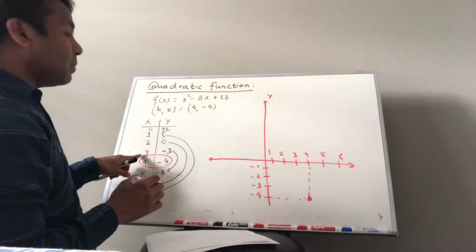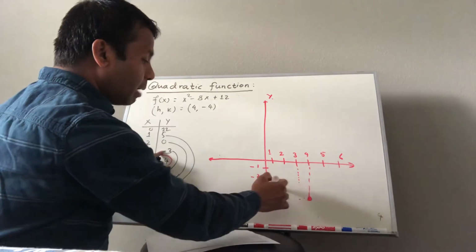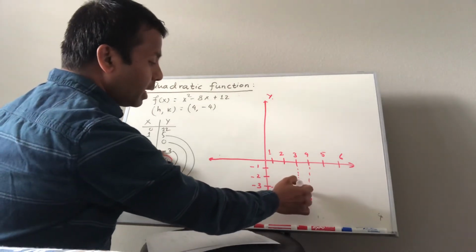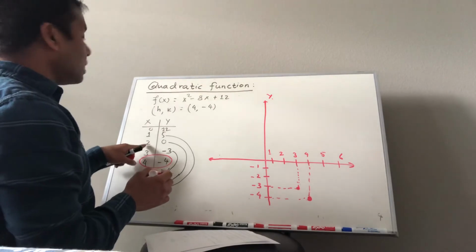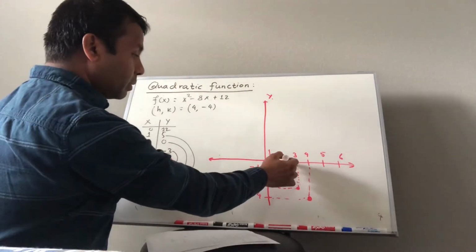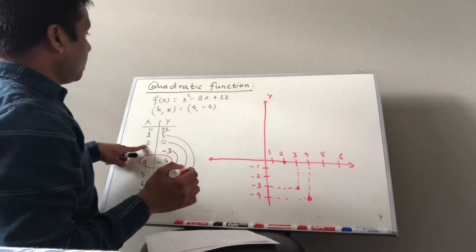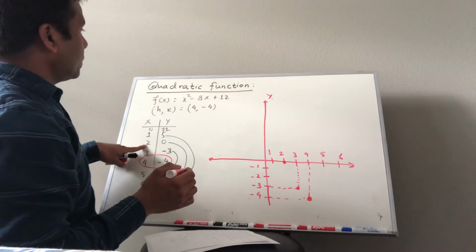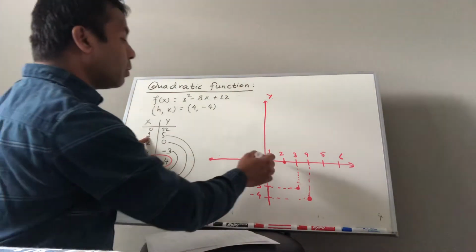And for 3, I have a -3. So this is the point right here, right? And for positive 2, I have a 0, right here. And for positive 1, I have a 5.